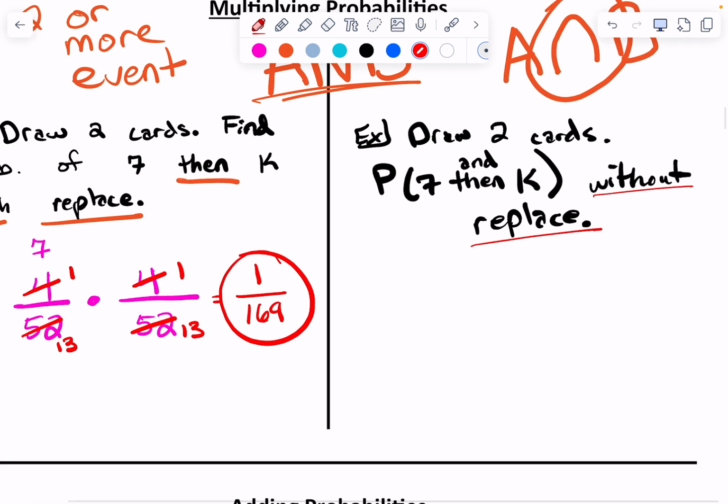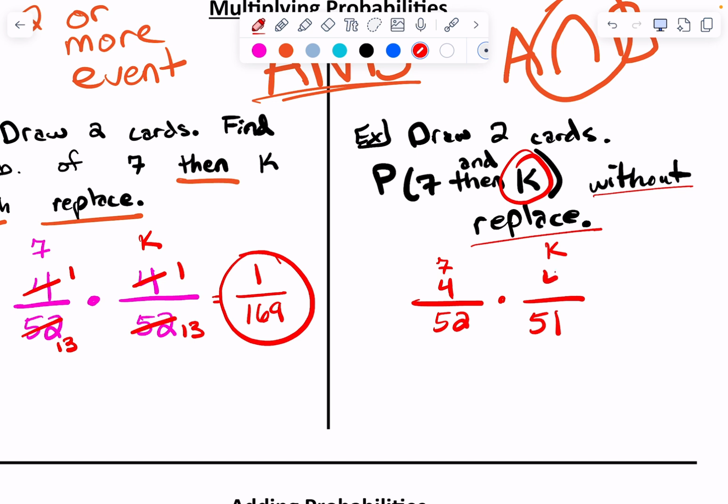Okay? Now, how does that change in the second example? I'm still drawing a 7 and I'm still drawing a king. The chances of me drawing a 7 is 4 out of 52. But I've drawn that 7. And when we're doing this, we assume that the card we wanted to draw, which was a 7, was the card I did in fact draw, right? So I now only have 51 cards, but how many of them are kings?